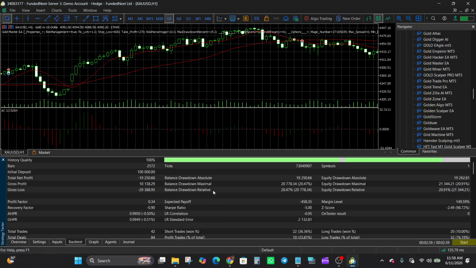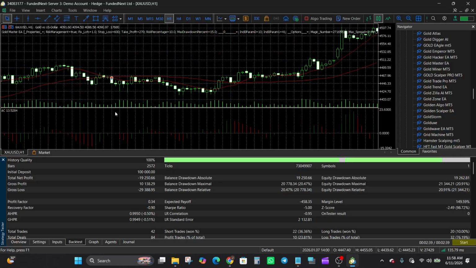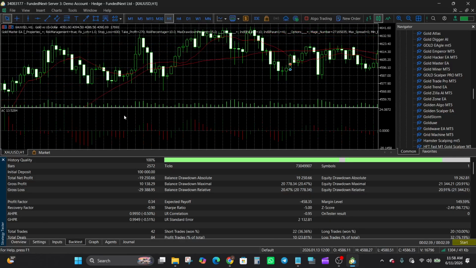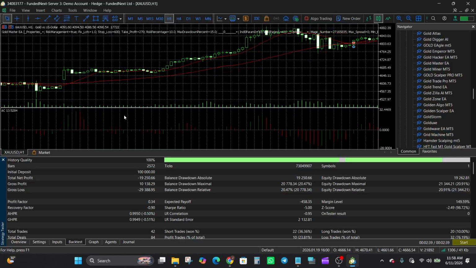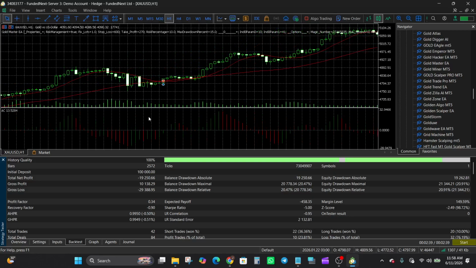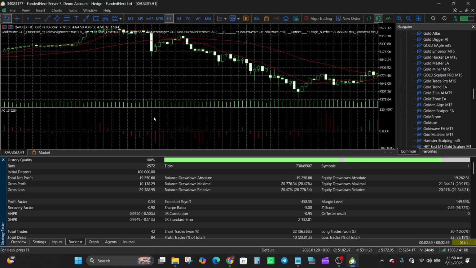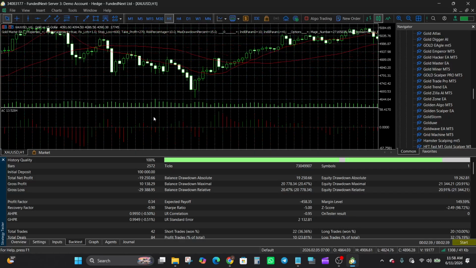Now, from what I can see on the chart, the trading behavior appears structured and selective rather than frequent. The system seems to focus on controlled entries rather than over trading, which aligns with its single trade at a time design. Okay.